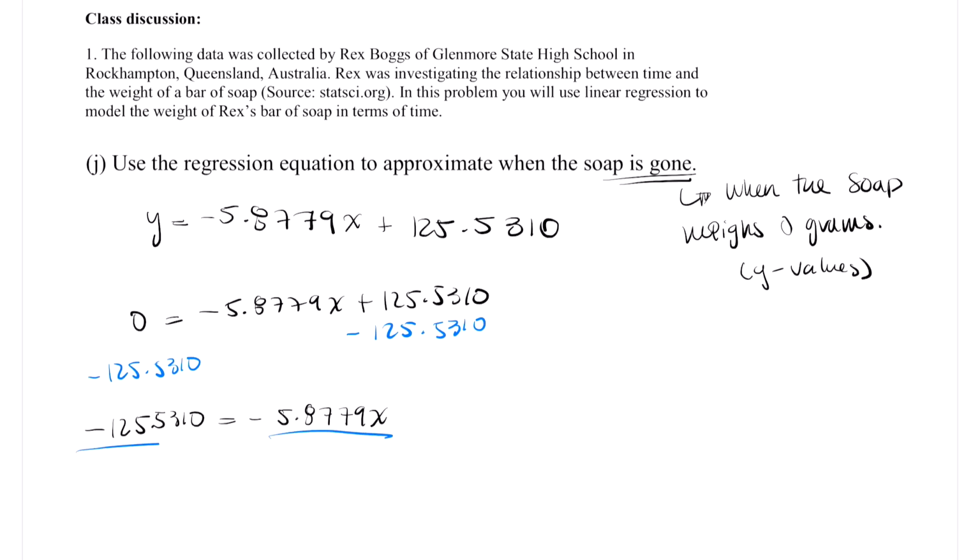Finally, dividing both sides by the slope, which is negative, will give us a positive value for x. Namely, x is going to equal this ratio. And what is that approximately? We get 21.356 days. And I'm sticking to 4 decimal places as we have. And this is approximate. So a little over 21 days, about 21 1/3 days.